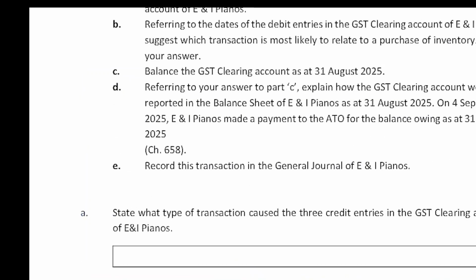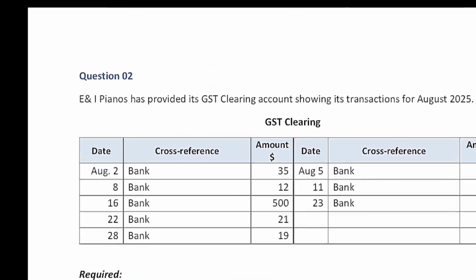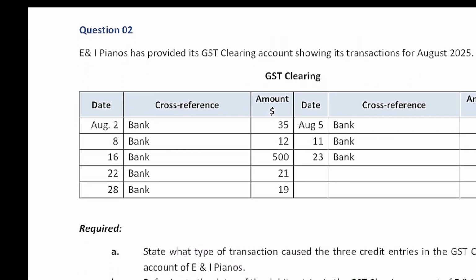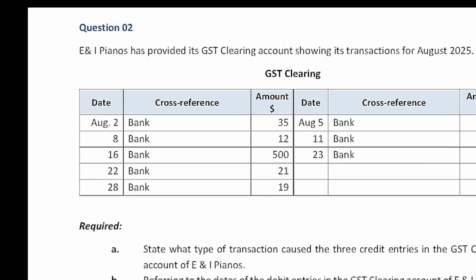Question number 2. Have a look at the question, please.